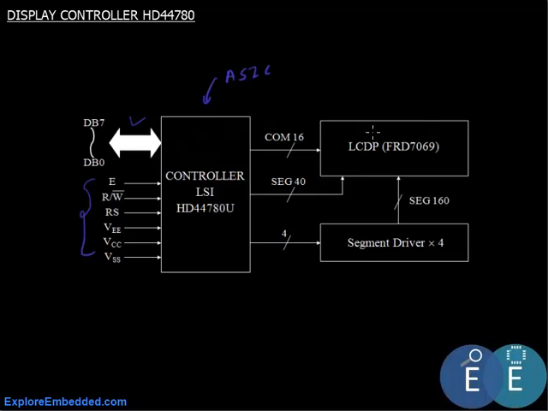This is the LCD panel. If you're wondering what the 16 common lines are, or the 40 segments are, or what the segment driver is, we'll look at all this in detail. But if you just want to interface an LCD, you do not need them now.